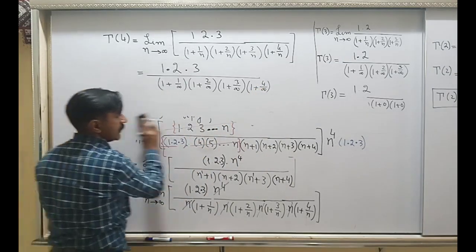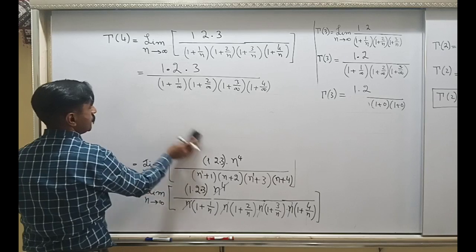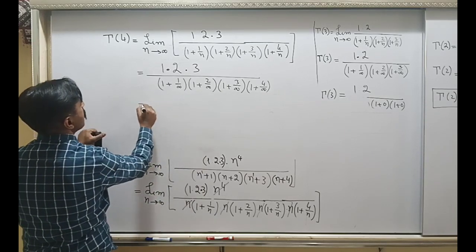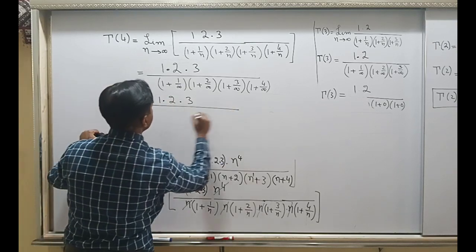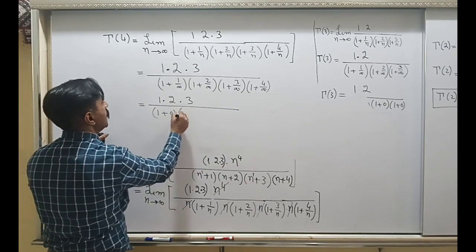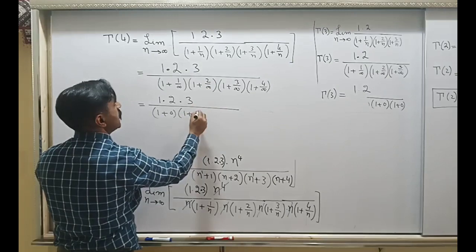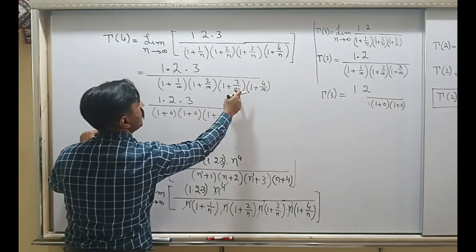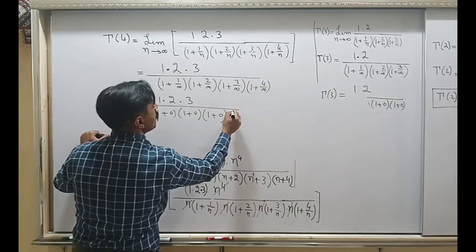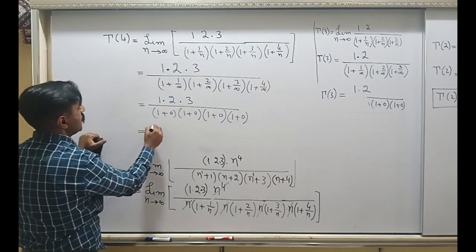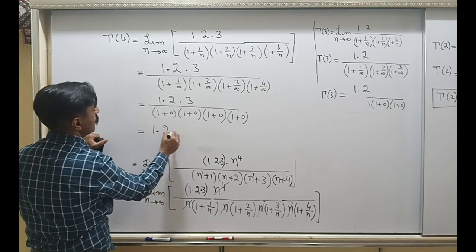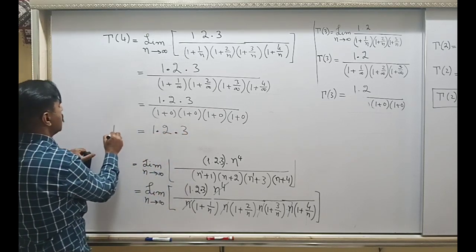And your result is now 1 into 2 into 3 divided by 1 plus 0, 1 plus 2 over infinity is 0, 1 plus 3 over infinity is 0, 1 plus 4 over infinity is 0, and you have 1, 2, 3. This is gamma 4.